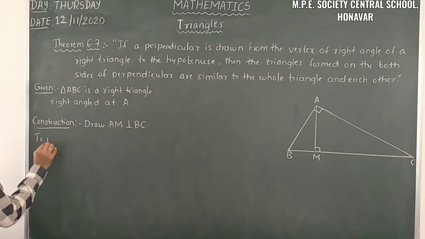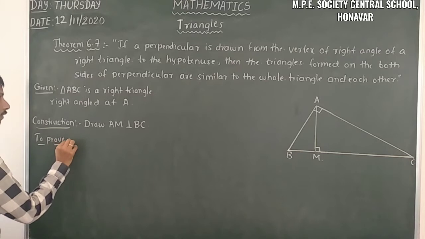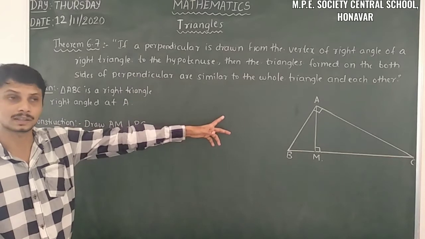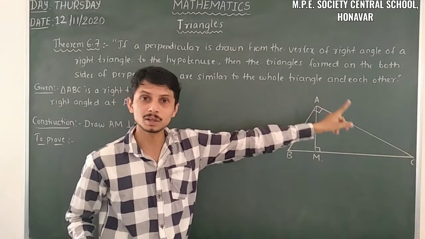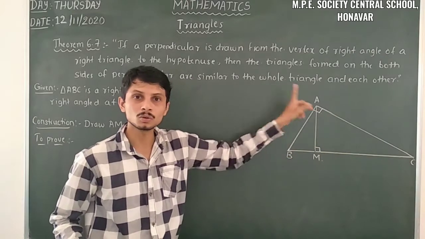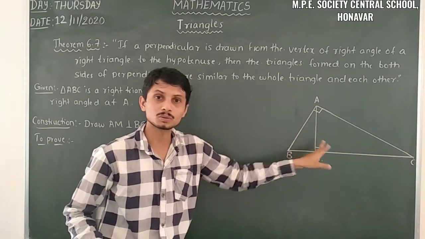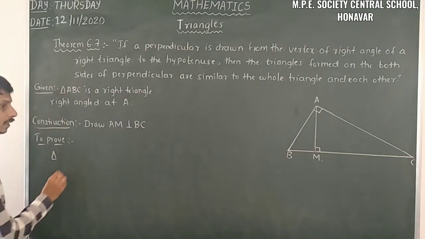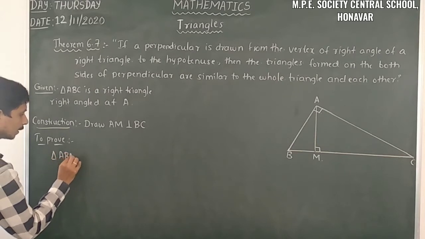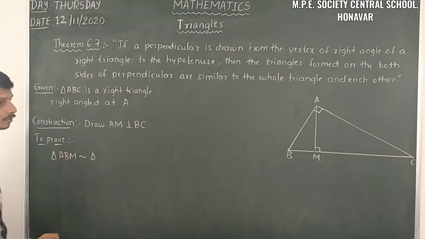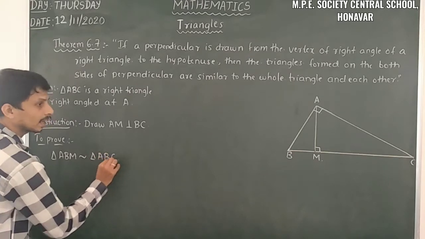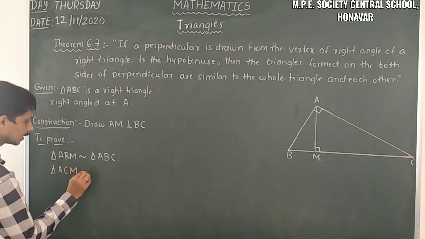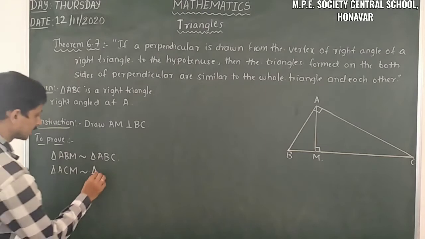Then what we have to prove? It is given that the triangles formed on both sides of a perpendicular are similar to the whole triangle. That means this small triangle is similar to the whole triangle, this small triangle is similar to the whole triangle, and these two triangles are similar to each other. So we also have to prove that triangle ABM is similar to triangle ABC, and triangle ACM is similar to triangle ABC.